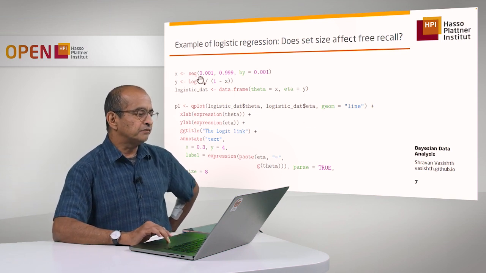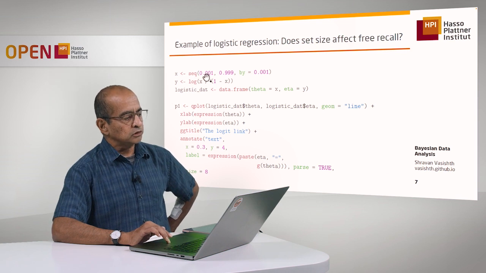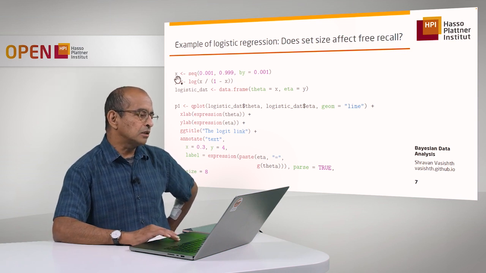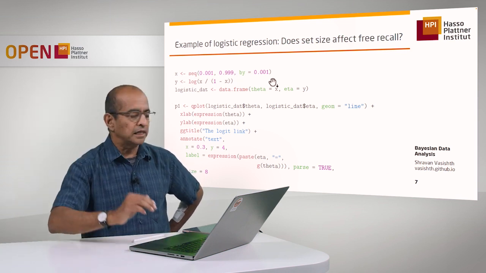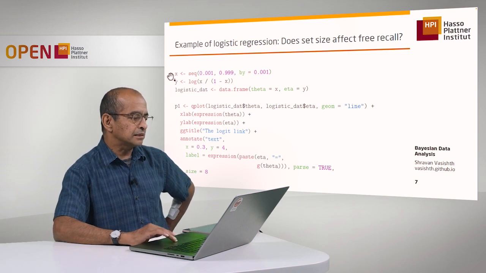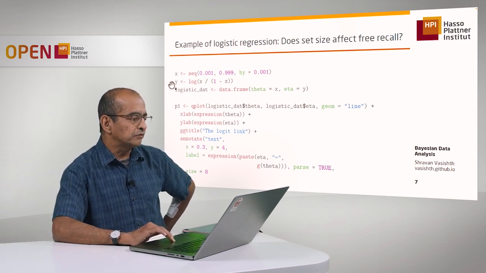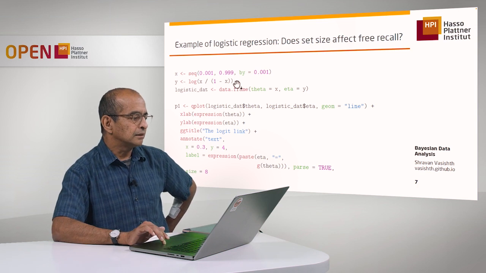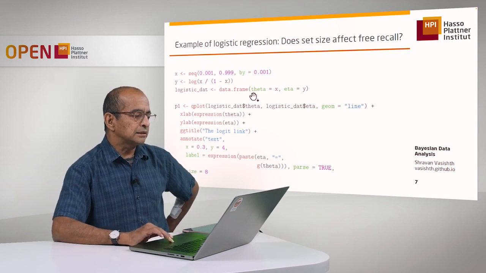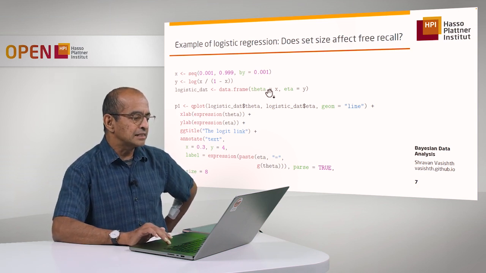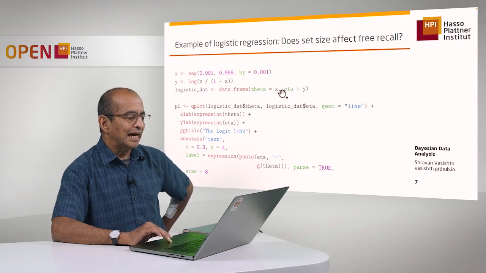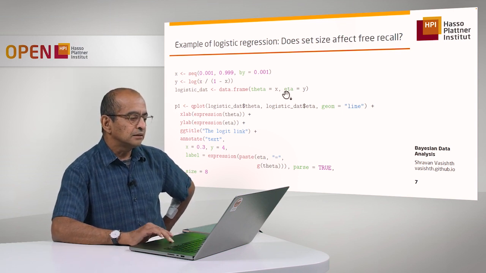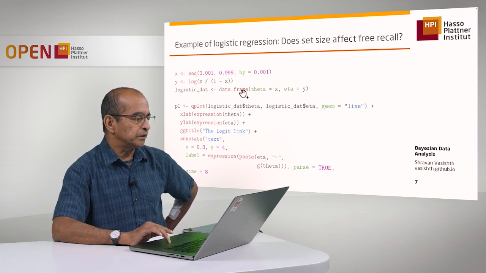I have created a vector going from close to 0 to close to 1. So this is all the possible discretized values of probabilities, this x, right? Then I converted it to a log odds scale, okay? And then I created a data frame that has the probabilities theta and what I'm calling eta, which is the log odds transformation of the probabilities, okay?